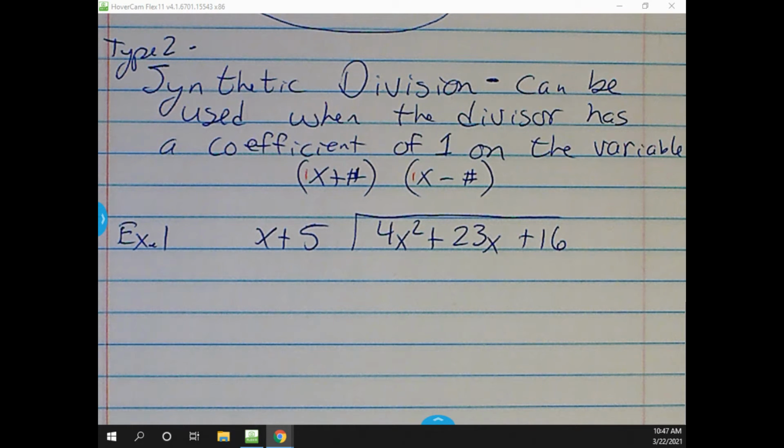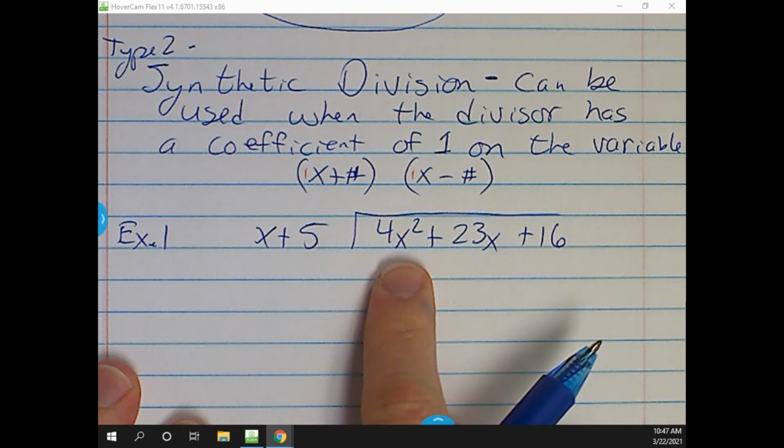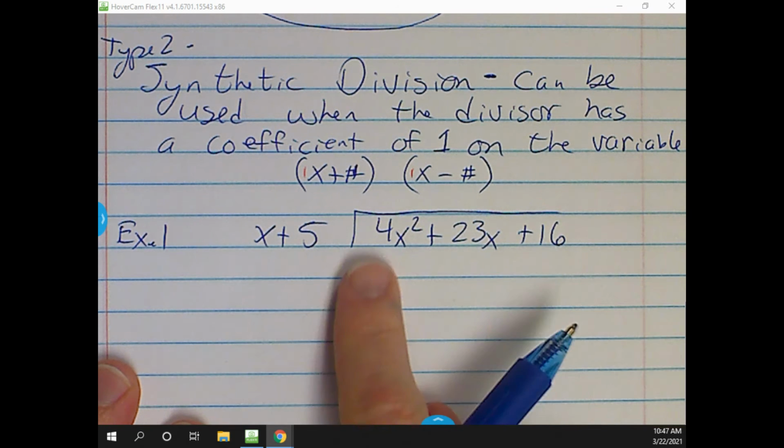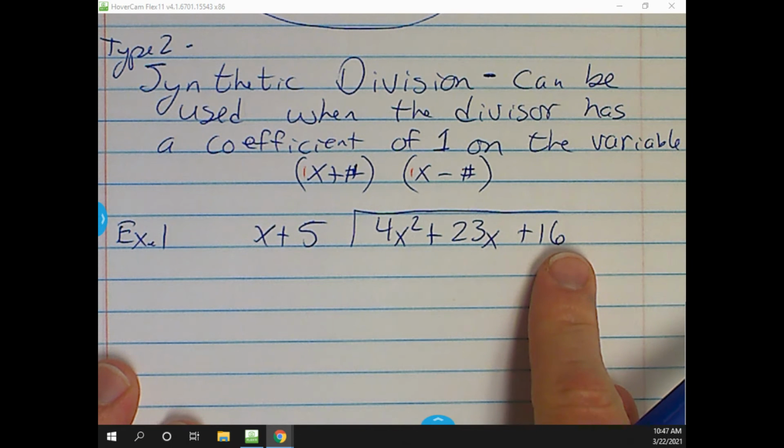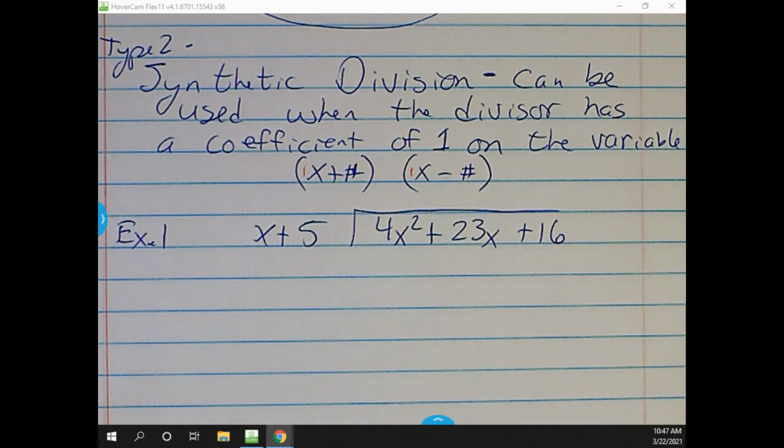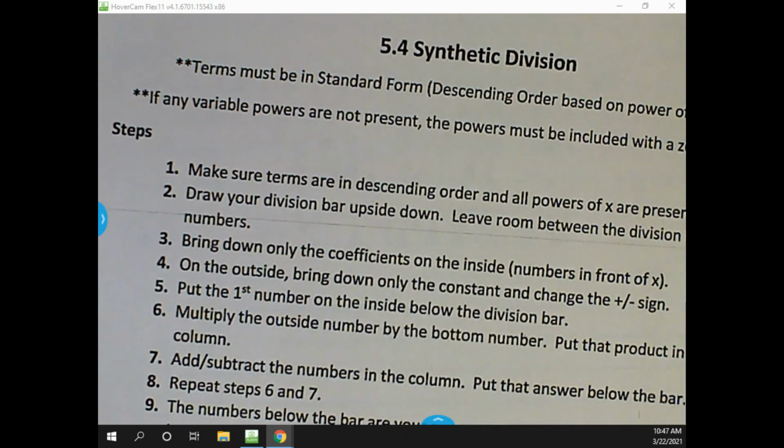Going through our steps, the terms on the inside are in descending order, so we're good there. We didn't skip any power of x, because we've got x to the second, x to the first, and basically this would be nothing, so it's x to the 0 power. So we've got step 1 done.